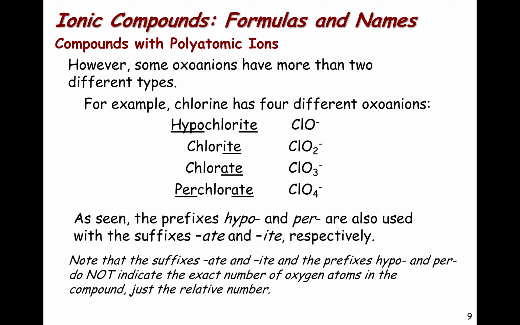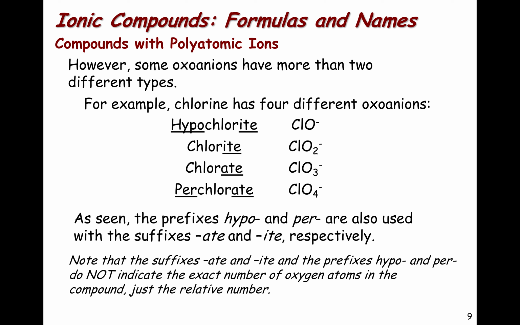You'll notice in all of these oxyanions, the only thing that is changing is the number of oxygens. The charge is always the same. On the other end, there are 2 ite ions. The ite ions, again, differ by the number of oxygens.